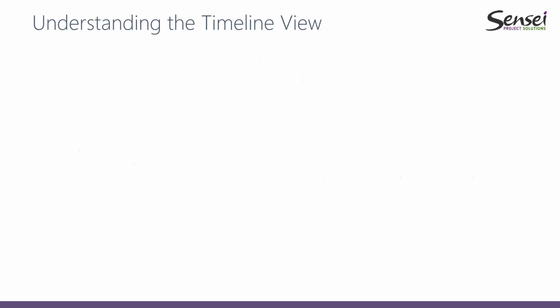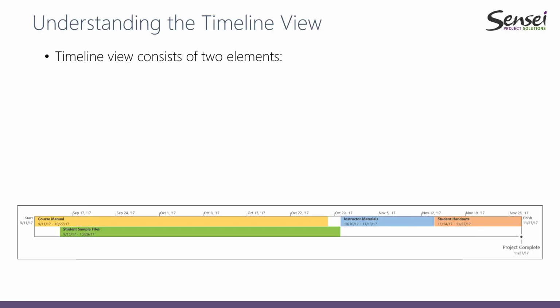So let's understand a little more about the timeline, how it is configured, and which elements are available in it. The timeline consists of two elements.